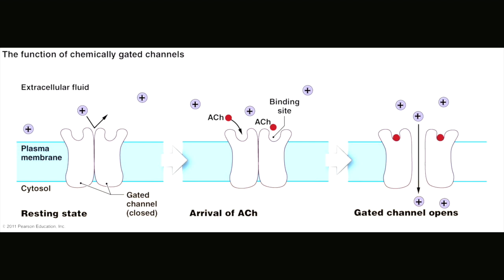Chemically gated channels open with a chemical messenger or a neurotransmitter. In this case, it's acetylcholine. When a neurotransmitter binds to them, they open. When the neurotransmitter is bound, as we see here, the channel is open. And when no neurotransmitter is bound, the channel is closed.